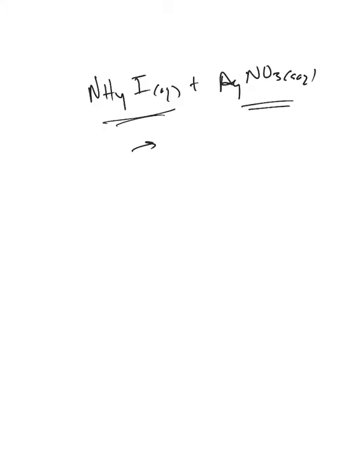The classic kind of net ionic equation involves using your solubility rules to see if you make something that is insoluble. So here, if I mix this aqueous solution and this aqueous solution, if I look at my solubility rules, I'll see that the new combination of this cation with this anion is a precipitate.